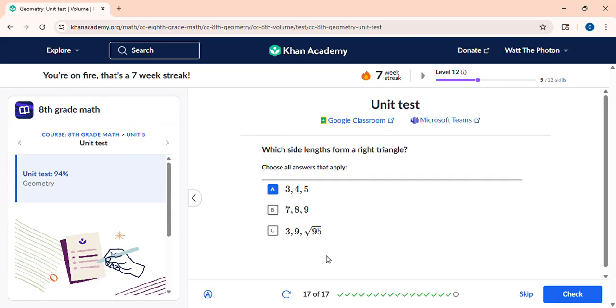So we have 9 squared plus 9. I don't think it forms a right triangle, no. Plus 81 plus 9.